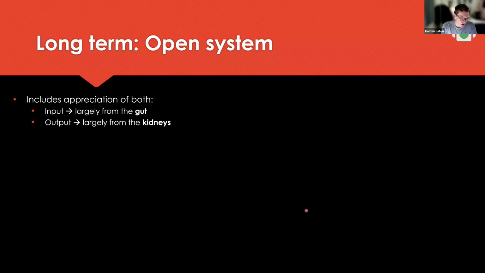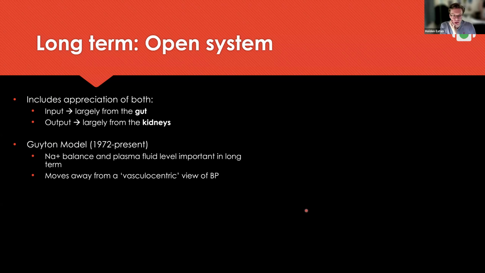Others would argue that fluid and sodium are much more important regulators of long-term blood pressure. And it's that group of people we will follow today, thinking about the Guyton model, which is what you get taught at Oxford, and you'll all have seen before in lectures.